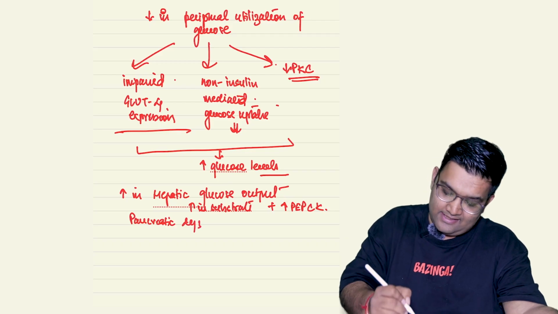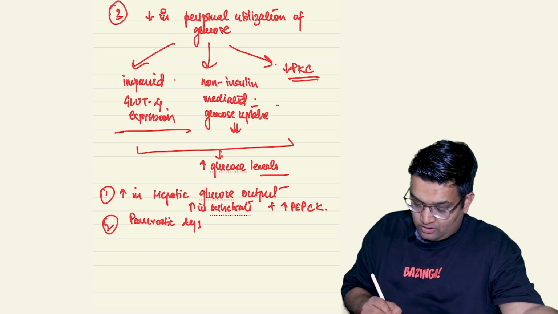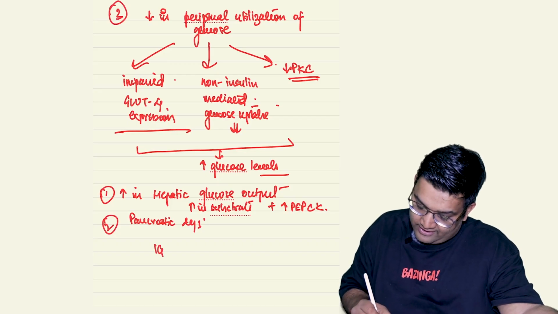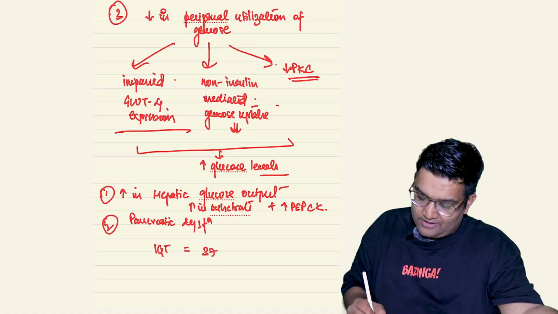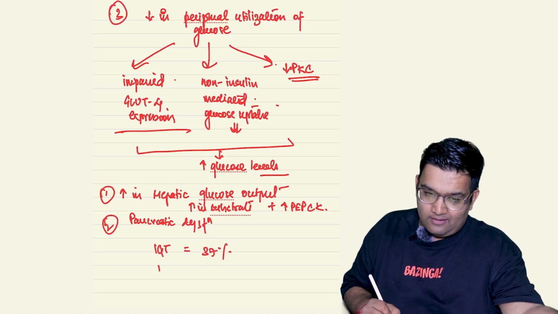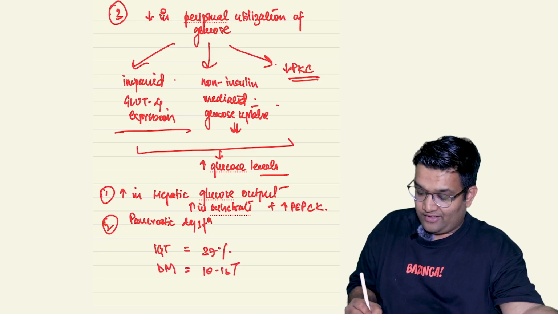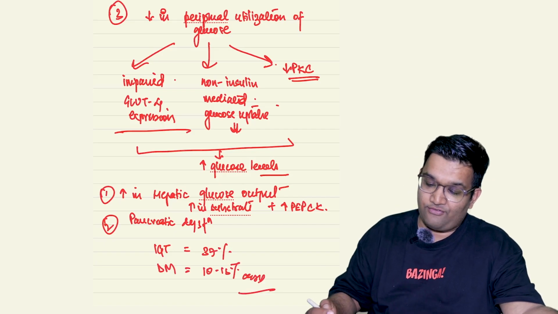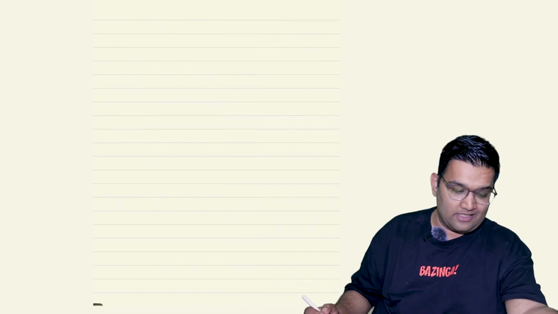And the third thing is this peripheral utilization decrease. So first, second and third. This is going to cause impaired glucose tolerance in around 37% of the cases, while frank diabetes will occur in 10 to 15% of the cases. So these are the effects of steroids on blood glucose levels.